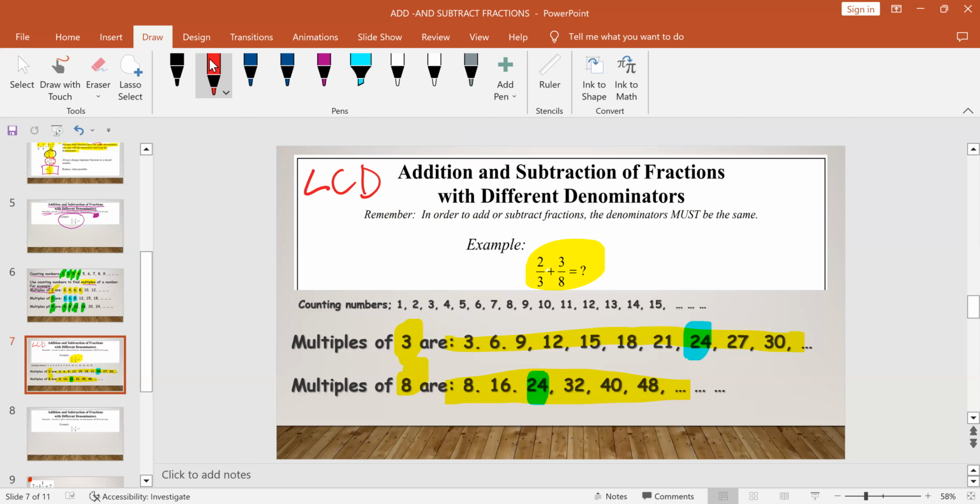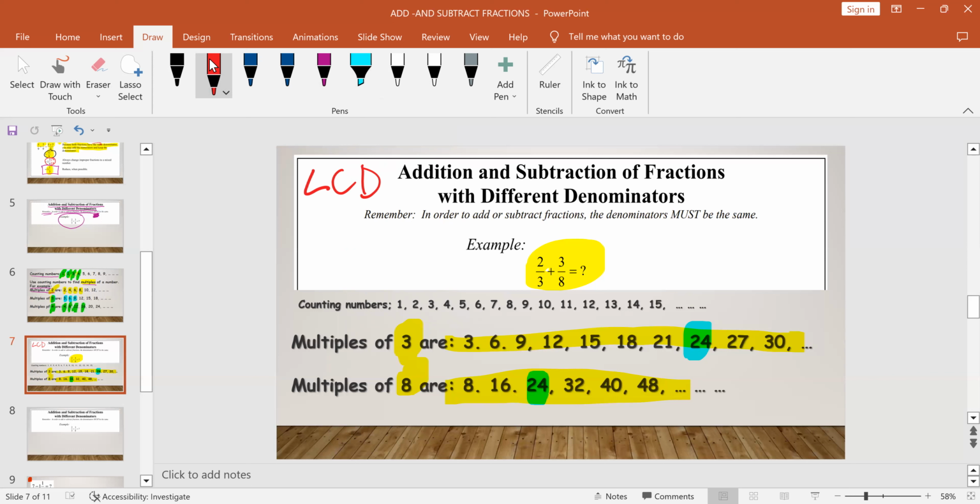For that, look, if you take 2 over 3, we want to rewrite the 2 over 3 as something divided by 24. Why 24? Because 24 is our LCD. We want the two fractions to be rewritten as something divided by 24. Now, the question is this.